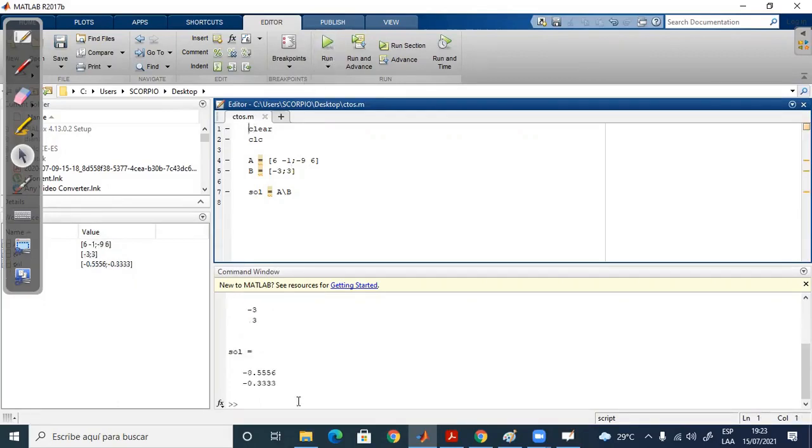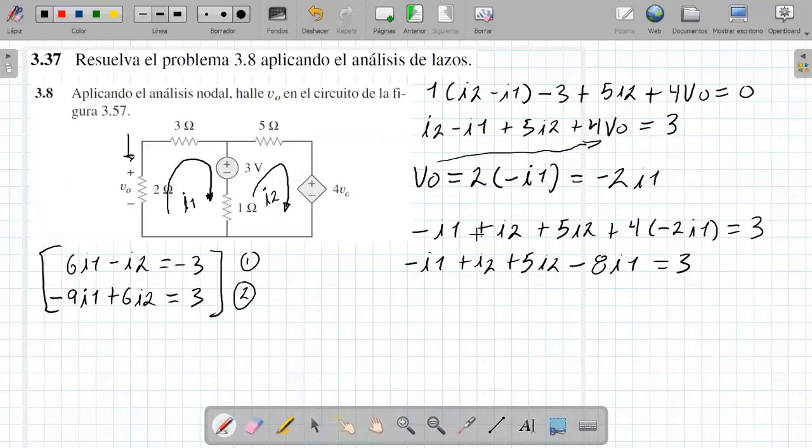And here I have the values of the currents: I1 is equal to minus 0.5556 amperes and I2 is minus 0.3333 amperes.